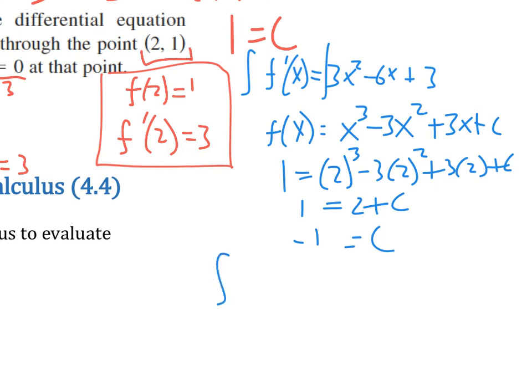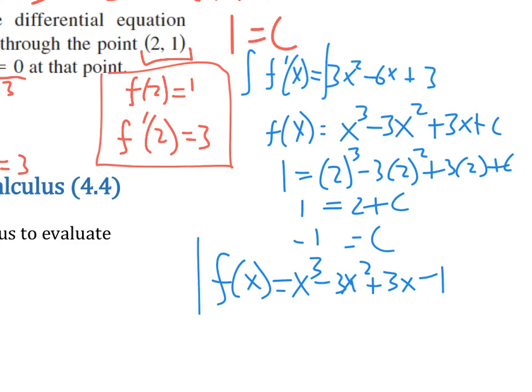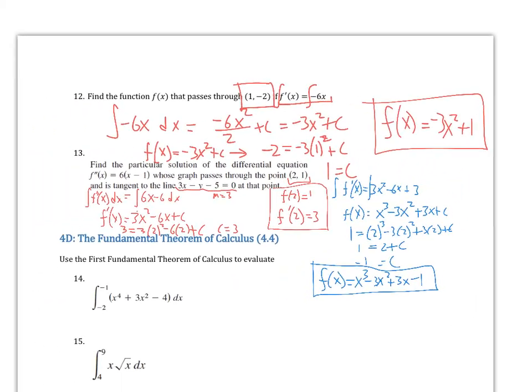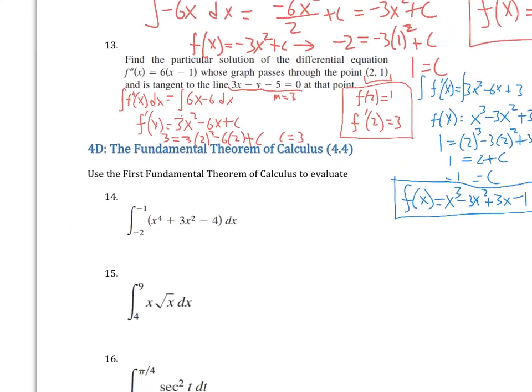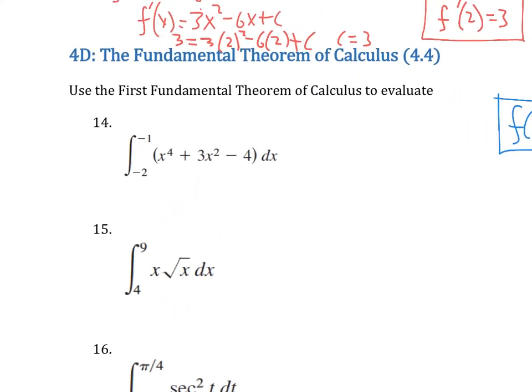And that gives us f of x is equal to x cubed minus 3x squared plus 3x minus 1. All right? So we find the exact value of those constants c by plugging them back in. And we have to do it twice because there's a second derivative.